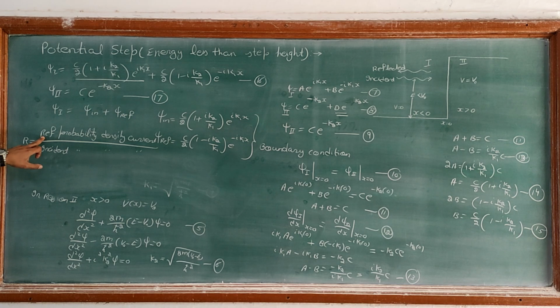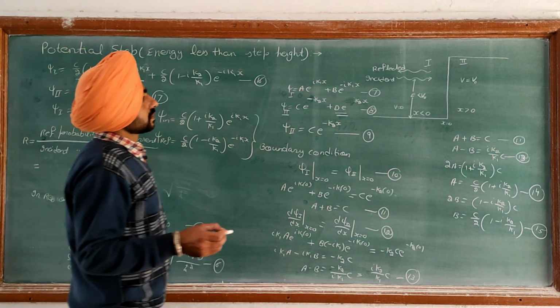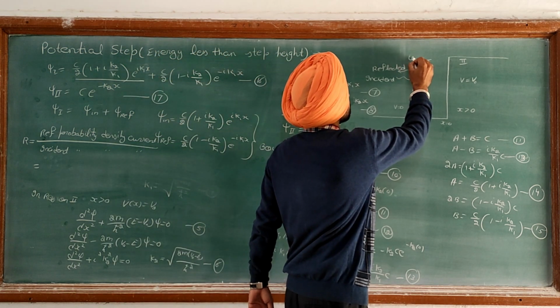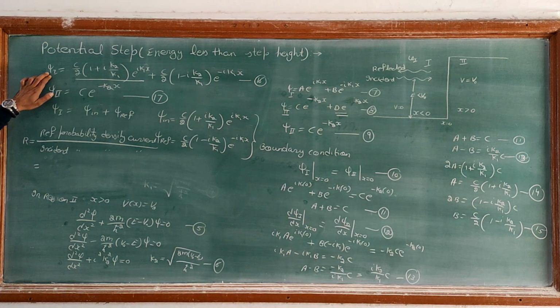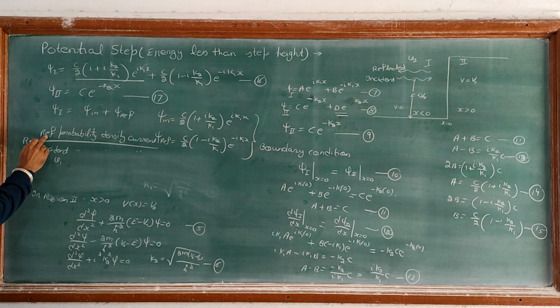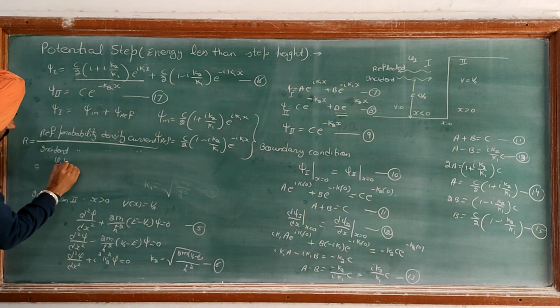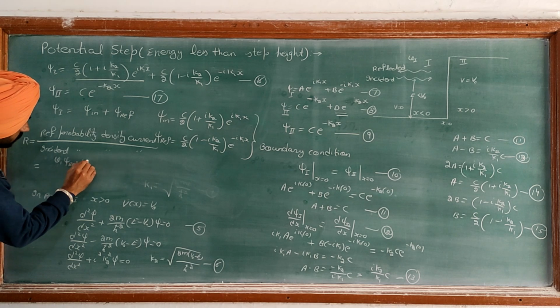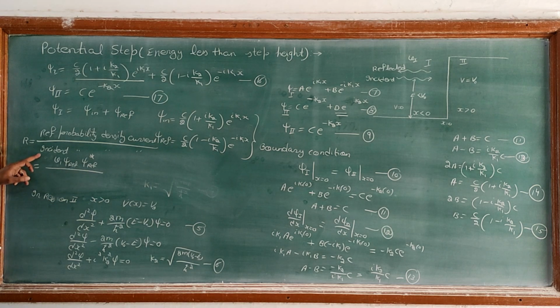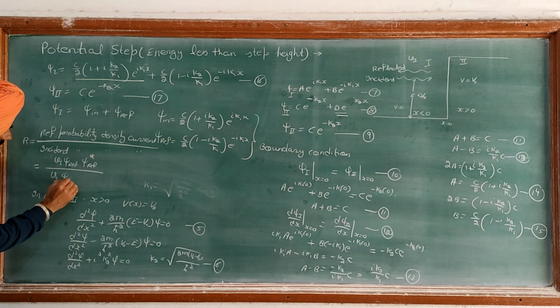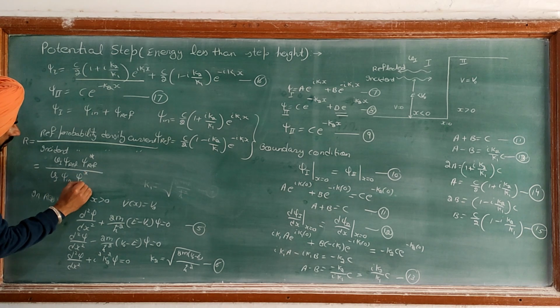So in region 1, let the velocity of the particle be v1, since we are talking about psi 1 here, it is in region 1. And we are talking about reflected, so v1 into psi reflected into psi star reflected, divided by, in region 1, v1 into psi incident into psi star incident.